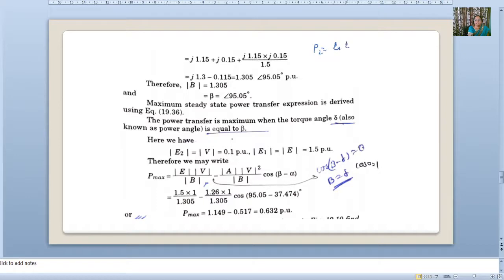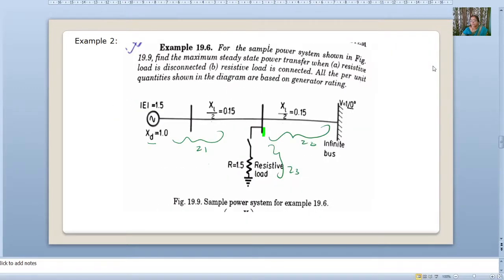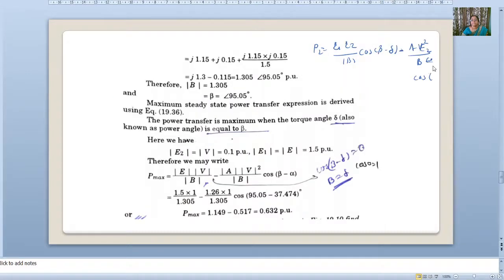P2 is E1 into E2 by B into cos of beta minus del, minus A E2 square upon B into cos of beta minus alpha.